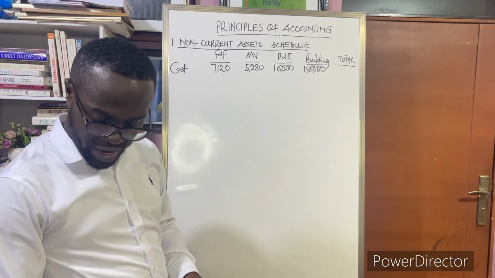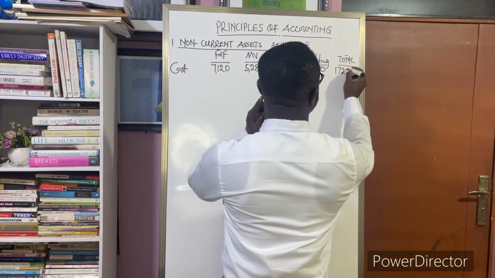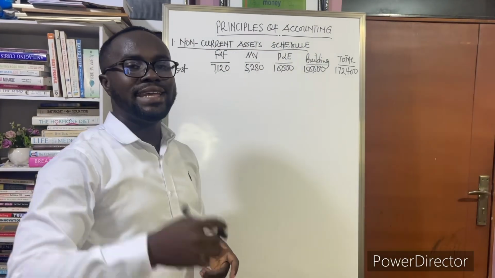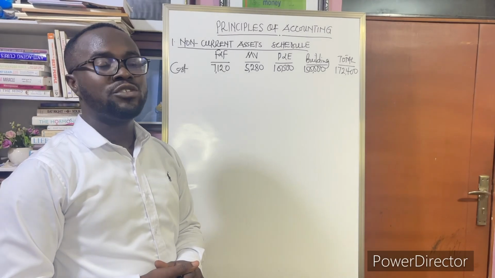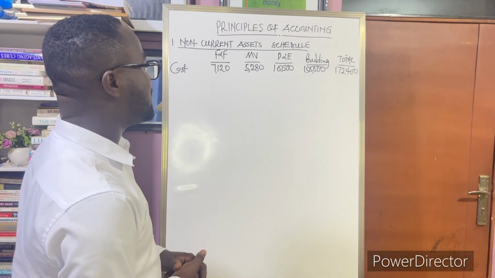So in all, we have 172,400. So we've gotten to know that the total cost of these assets, or the total amount that we acquired these assets for, is 172,400.